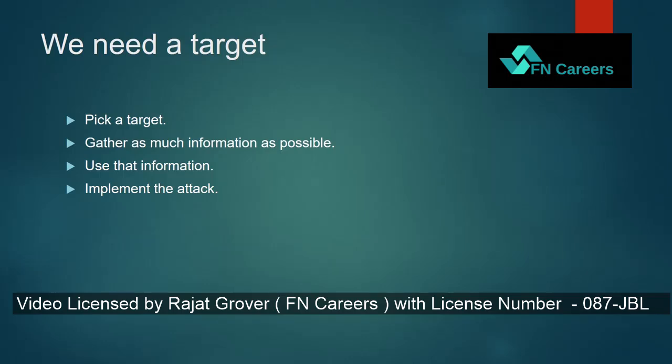Let's say you found something that you can use for a social engineering attack, and there comes the next step, which is the use of information. So now let's take, for example, you've collected everything about that guy.